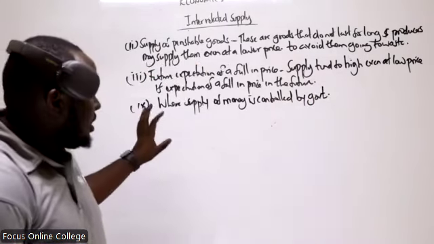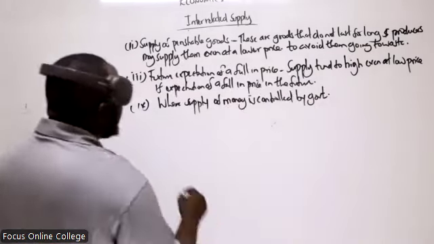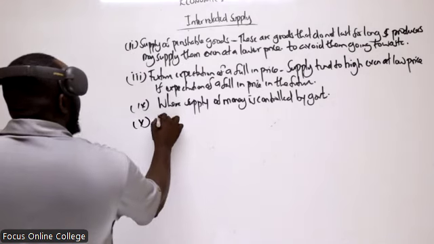So we can have those exceptions. Then supply of artistic goods.